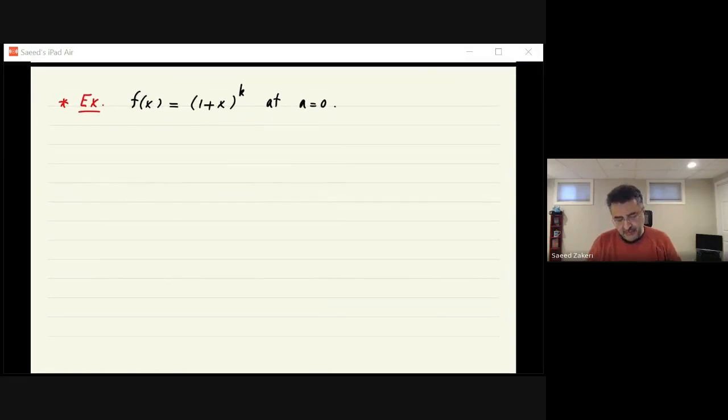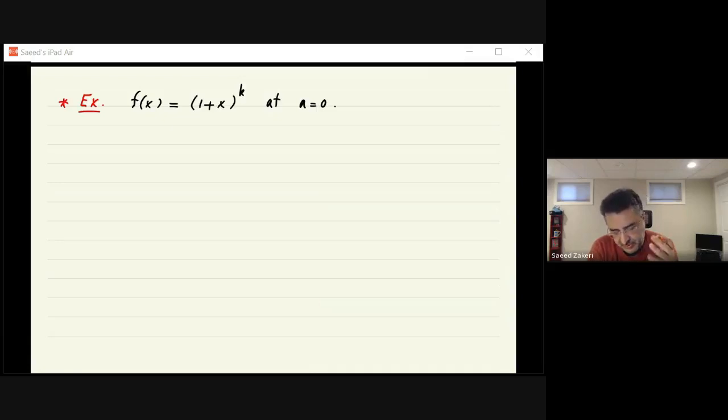Now, this example is very nice, and in the end we get a result that's often known as the binomial formula, and this goes back to Newton himself.